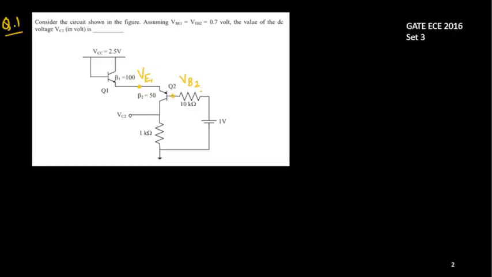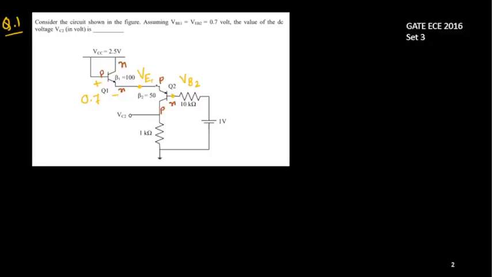Now what is given here, this base-emitter gap, is 0.7. Remember, this is plus and this is minus, because the base is at higher potential and the emitter at lower potential for an NPN transistor. This is your NPN transistor: N, P, and N. Whereas this is your PNP transistor. Don't be confused. As it is an NPN transistor, P to N, this gap is 0.7 volt.